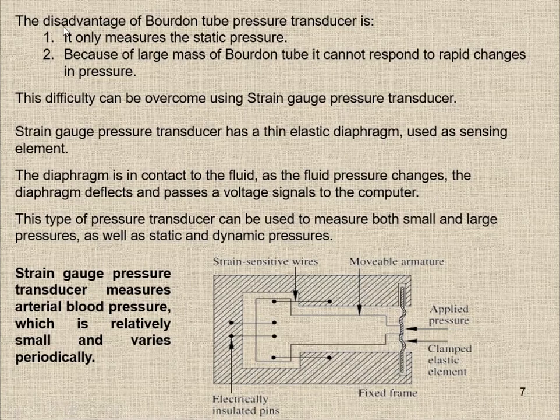Due to some disadvantages of the Bourdon tube pressure transducers. It only measures the static pressure, because as we have studied, we have a static pressure and we have a dynamic pressure. Second, because of the large mass of a Bourdon tube, it cannot respond to rapid changes in pressure.